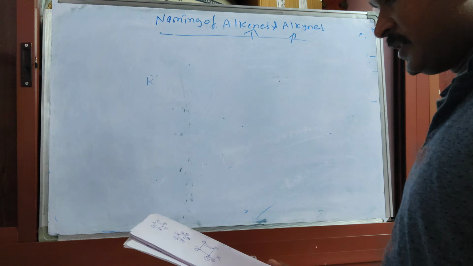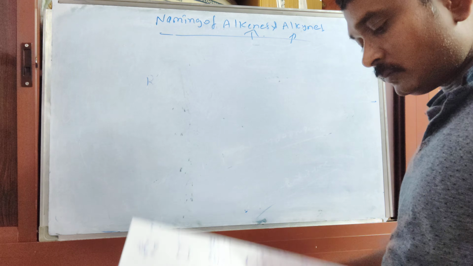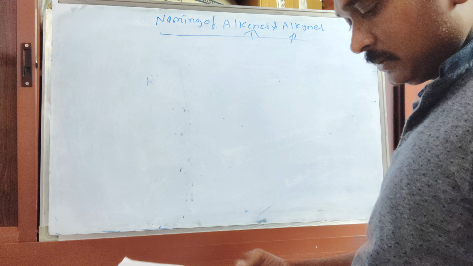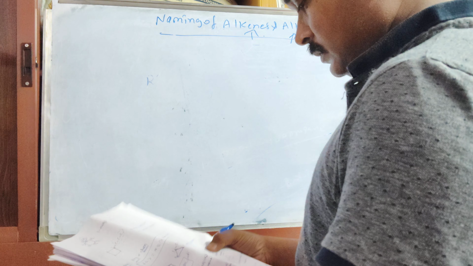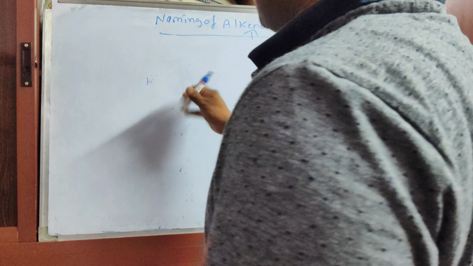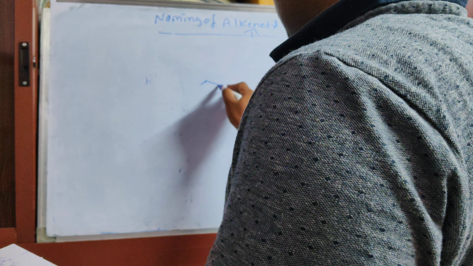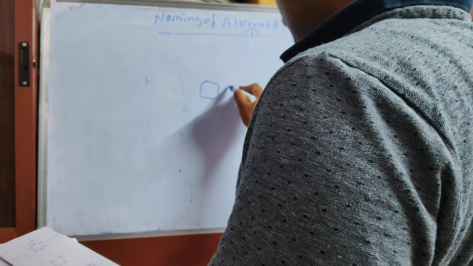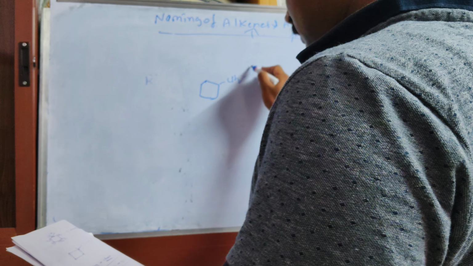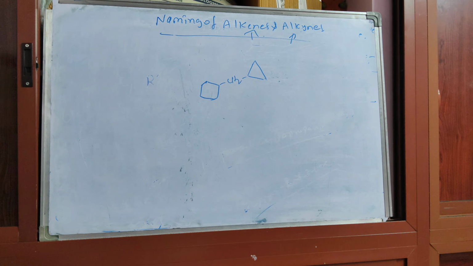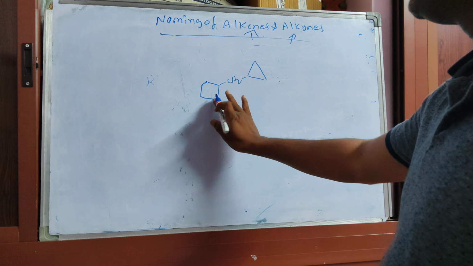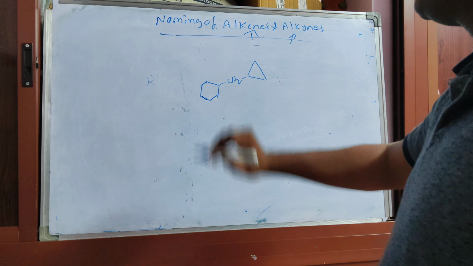I will give some examples. Take this one, important. Which gets more priority? This one, 5-member ring, 6-member ring is the more priority.